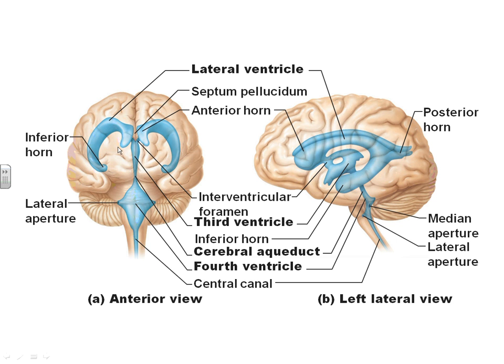The lateral ventricles are separated into an anterior horn and an inferior horn. Looking here from a front view and now from a side view. Here's your anterior horn of the lateral ventricles and the posterior horn of the lateral ventricles. The 3rd ventricle is connected to the 4th ventricle by the cerebral aqueduct.